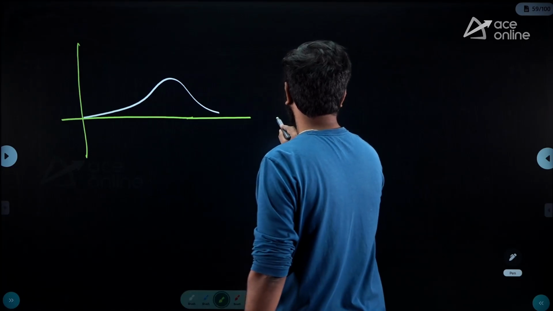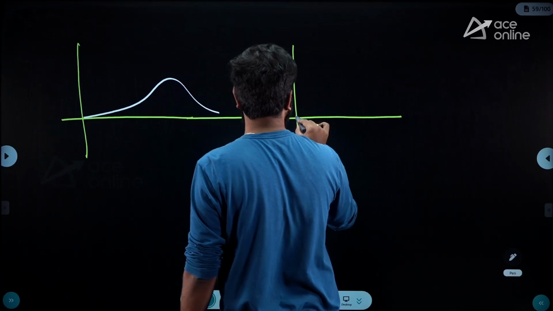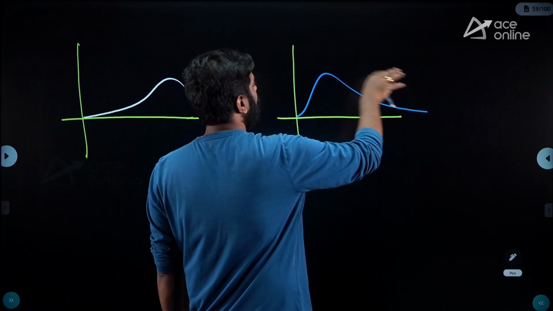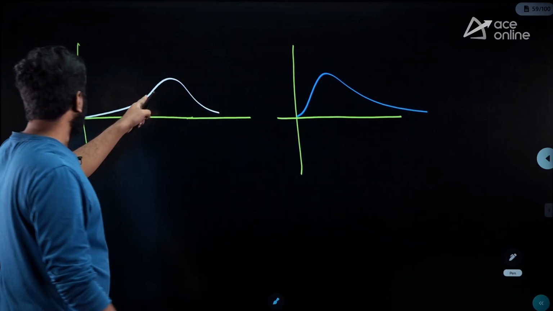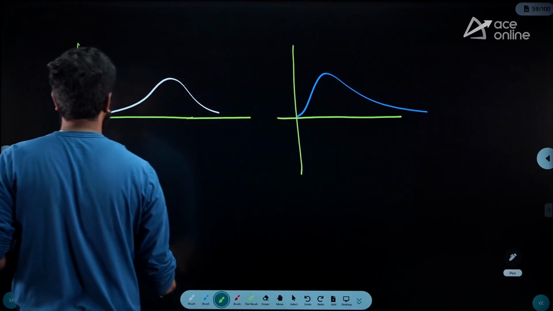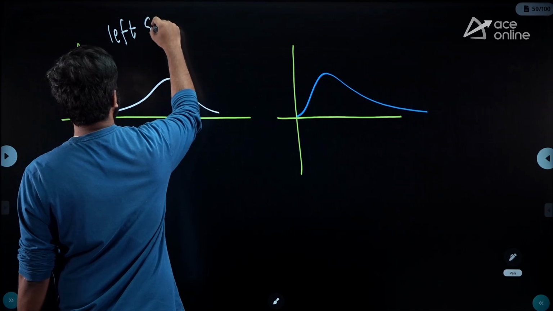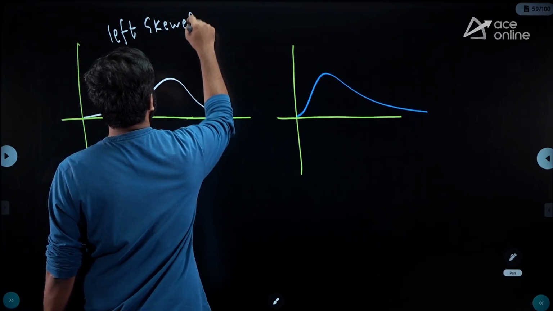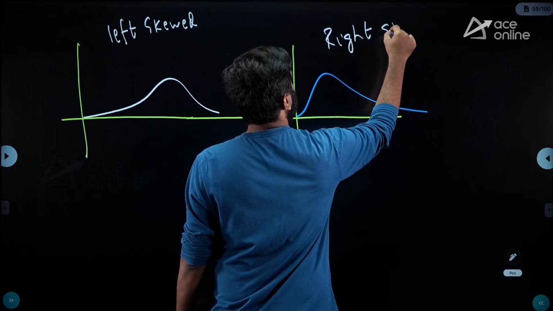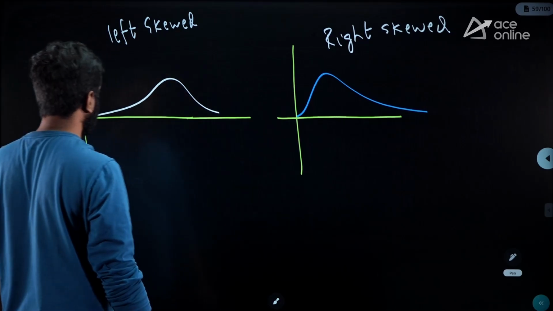So look at this graph. The larger tail is on the right side in one, and the larger tail is on the left side in the other. This is left skewed data. Left skewed and right skewed.